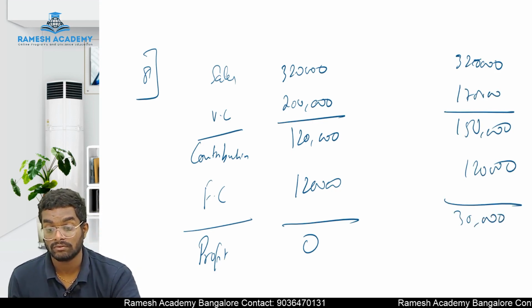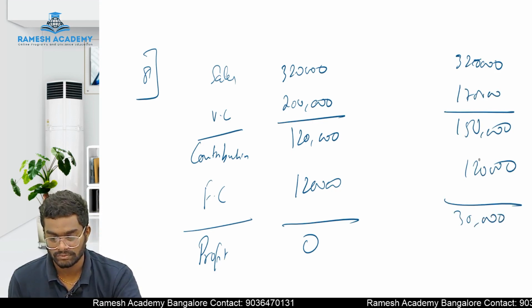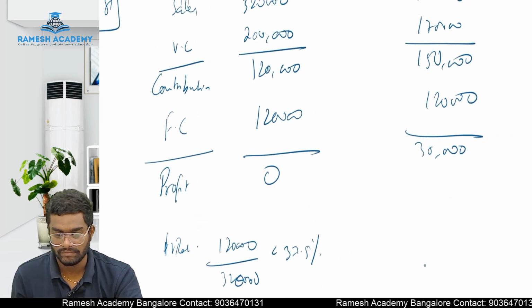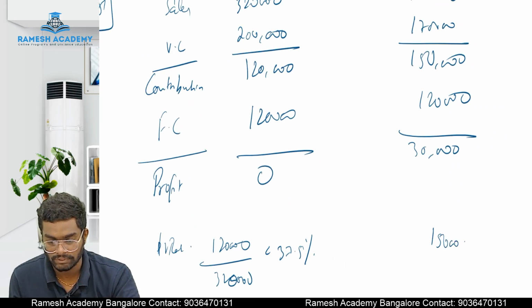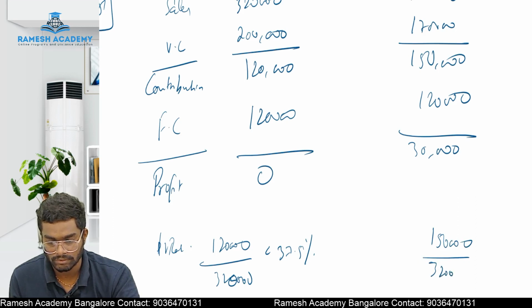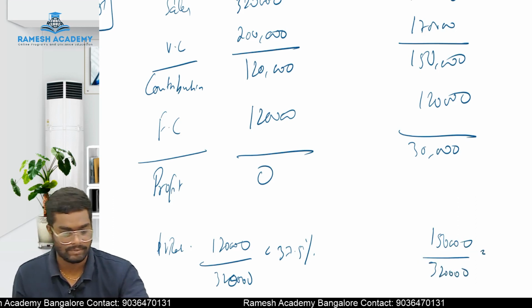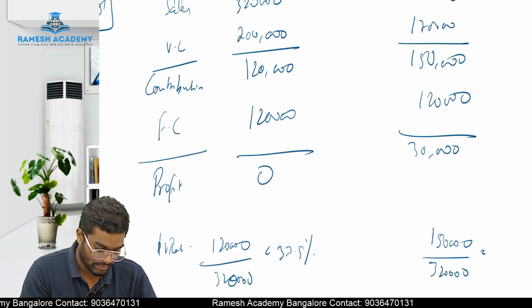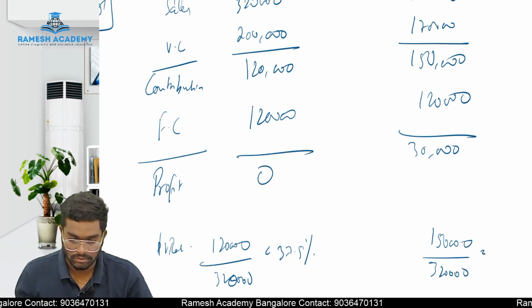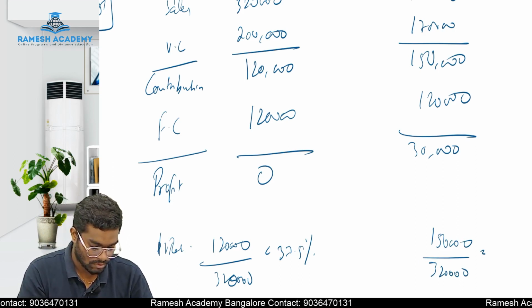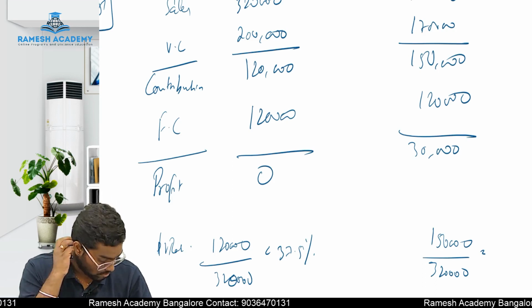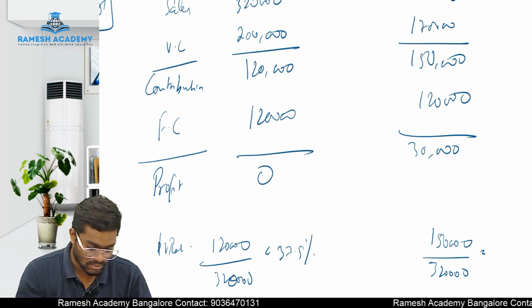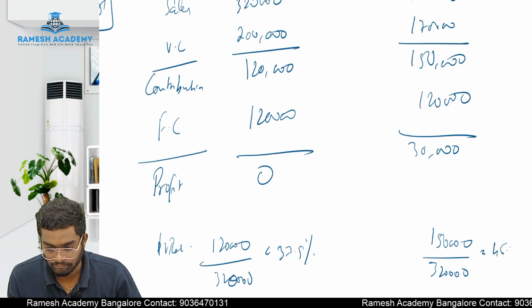So now they are asking only the contribution margin. So that's why I'll calculate the PV ratio here also. 1,50,000 divided by 3,20,000 into 100 is 46.875.